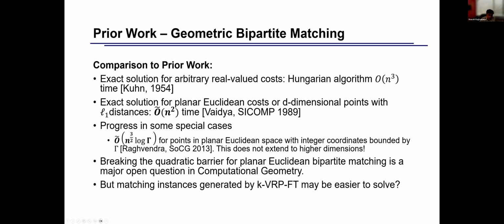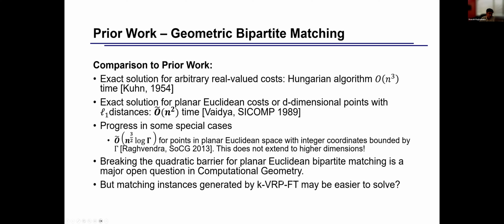And that too in two-dimensional space, and we were able to get the running time down to n to the 3/2 log gamma, where gamma is the bound on the integer coordinates. But this result did not extend to higher dimensions. So getting sub-quadratic algorithms generally for Euclidean bipartite matching, or generally for Lp distances, is a major open question in computational geometry.